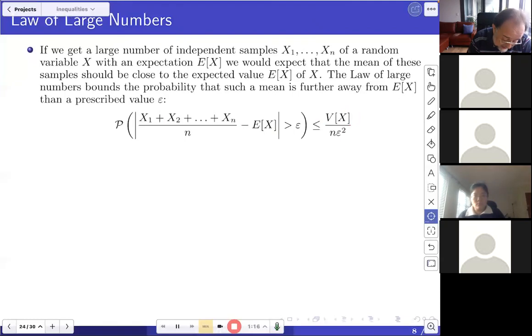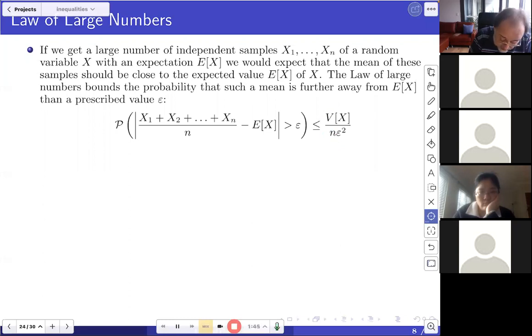So you see, this explains why when we want to make precise measurements, we make several measurements and average them, because a larger number of measurements guarantees that the probability that you will err by more than epsilon will be smaller than the variance divided by n times epsilon squared.